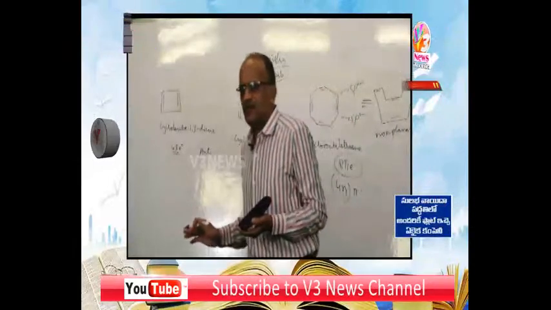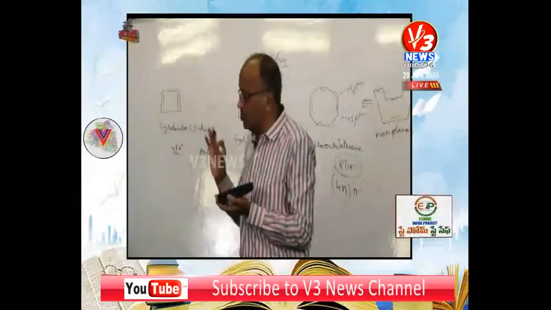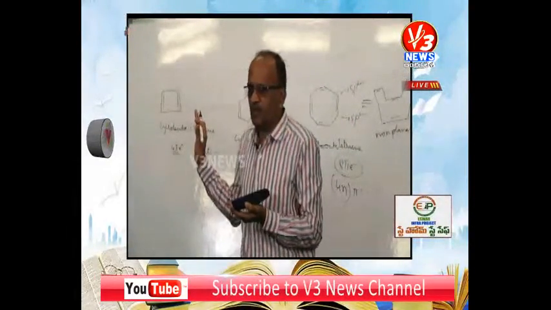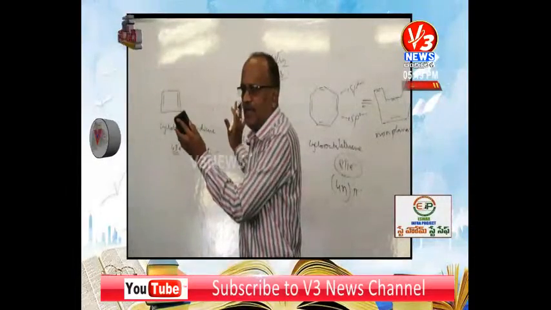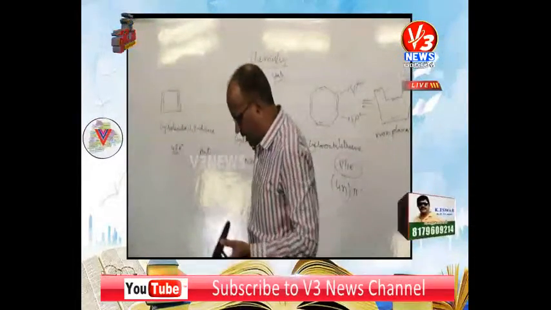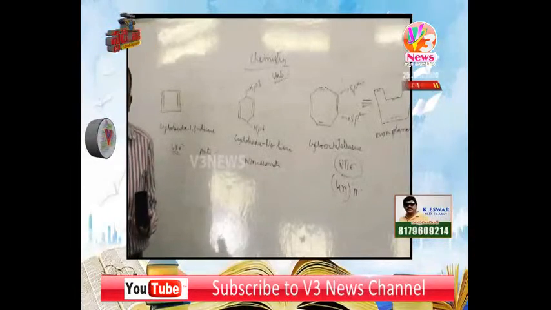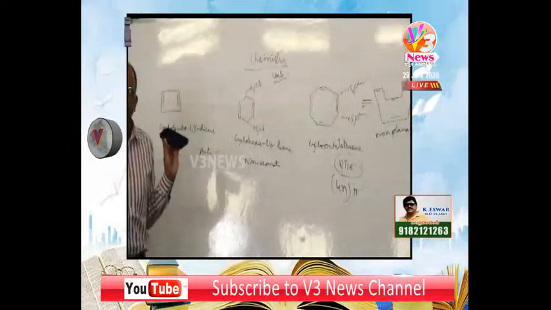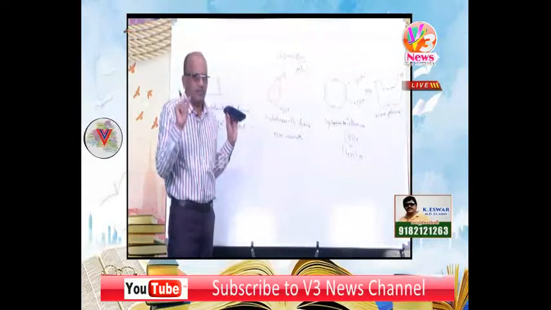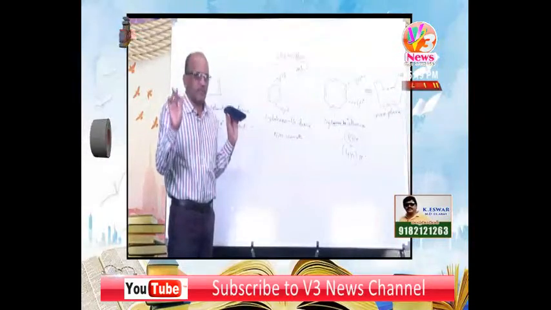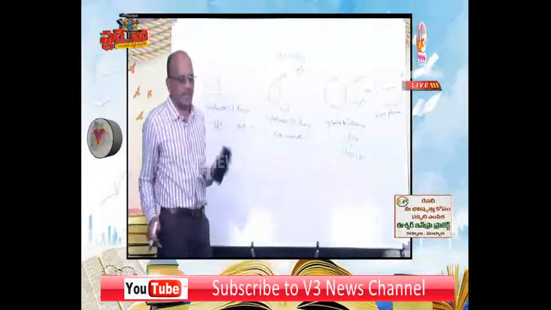I think you might have understood how to see the nature of a compound. This is one important area where questions are asked. Tomorrow we will see some more questions based on this. I hope that you are understanding well. Okay, we will take a break.